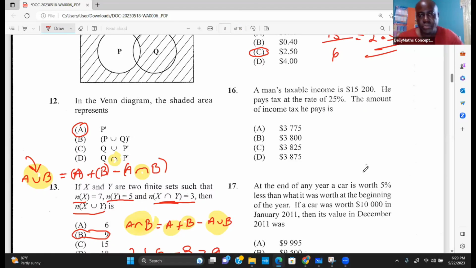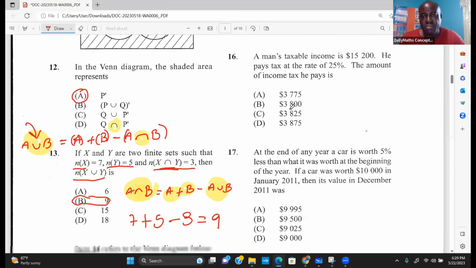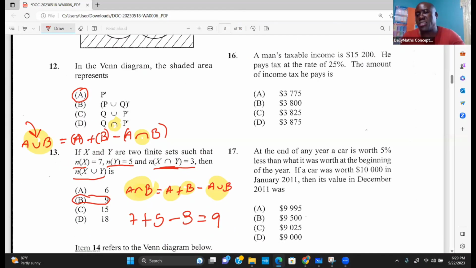All right. Number 16. A man's taxable income is 15,200. He pays tax at a rate of 25%. The amount of income tax he pays is. Now you have to find out what they said. He pays tax at a rate of 25%. What does 25% mean?